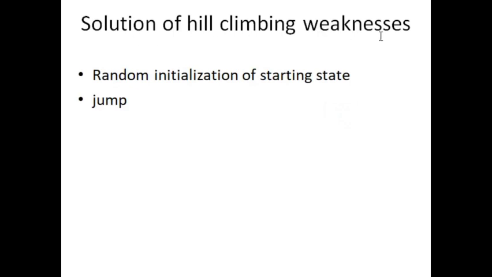So just look at the next slide, the solutions for the hill climbing weaknesses. There are many solutions to solve this problem, but I write two solutions to solve these weaknesses. The first is random initialization of the starting state, and the second is the jump.